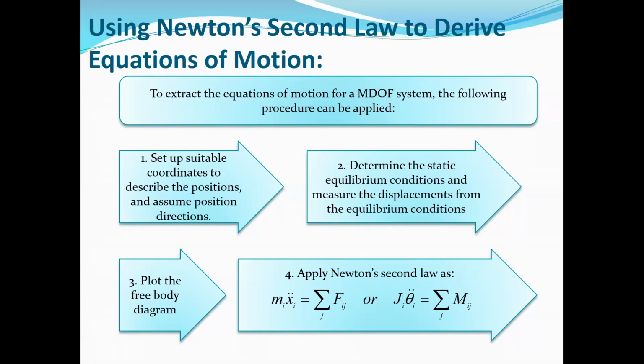So the number of natural frequencies and mode shapes for your system depends on the degrees of freedom, and they are equal to the number of degrees of freedom in your system. So in a multi-degree of freedom system, we will have multiple equations and multiple natural frequencies and mode shapes.